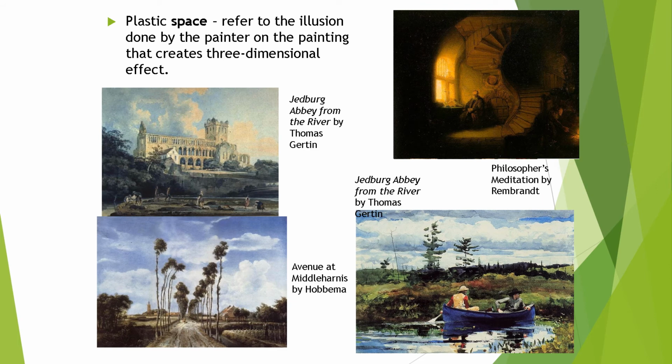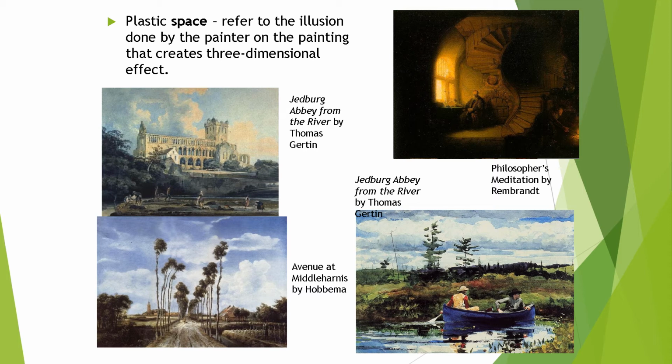Plastic space, on the other hand, is another usage or type of space that we can see in painting, where three-dimensionality is shown in 2D or two-dimensional art. An example is Jedburgh Abbey from the River by Thomas Girtin. Obviously, this has decorative space.